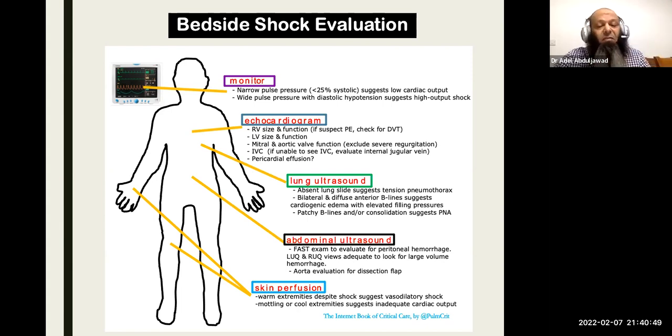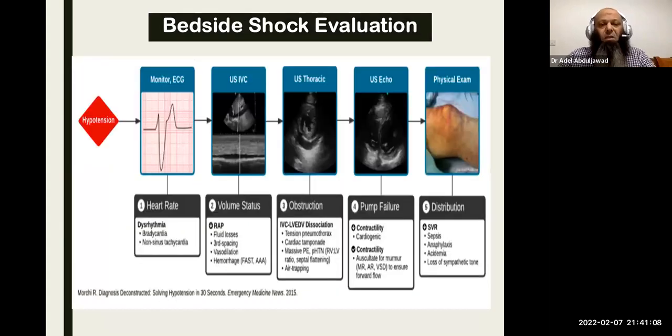Then you can evaluate the underlying cause of shock, and we will show you later how, and how you can assess at the bedside with certain protocols, even if you are a trauma member or you are in the ICU or in the ER.